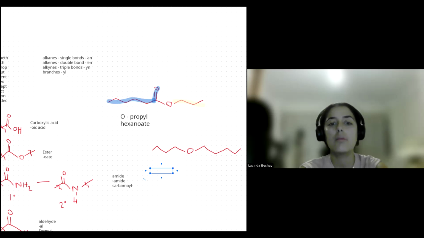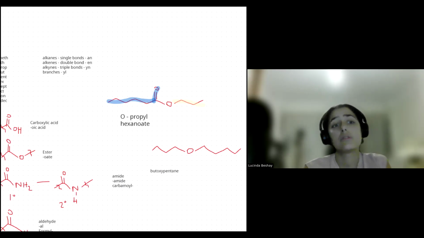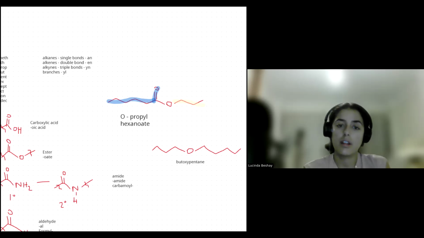And then I'm gonna have butoxy, pentane. Now notice that over here, I didn't write butyl, even though I treat it as a branch. And this is one of those exceptions. Even though I treat it as a branch, it's butoxypentane. Okay, because I've got this ether right here.